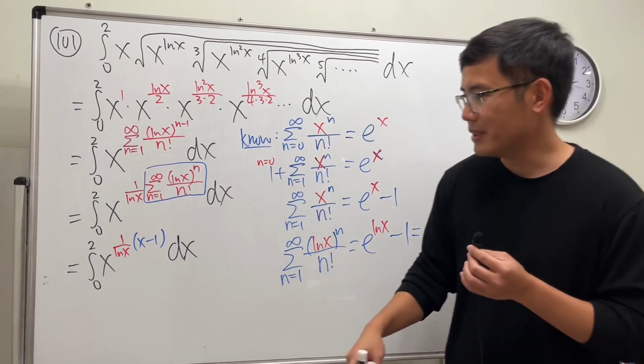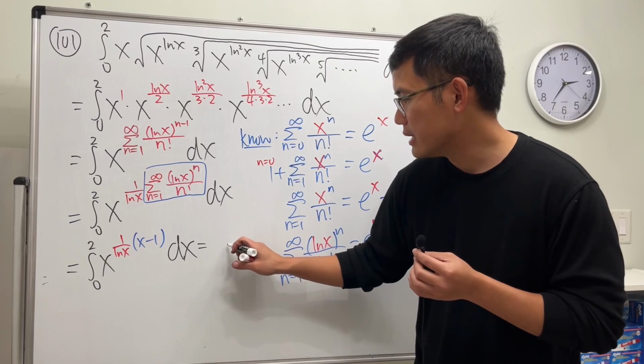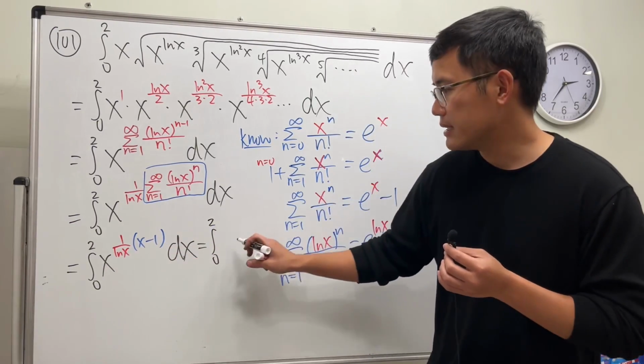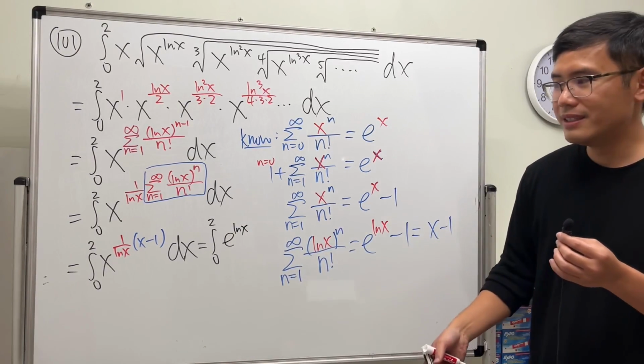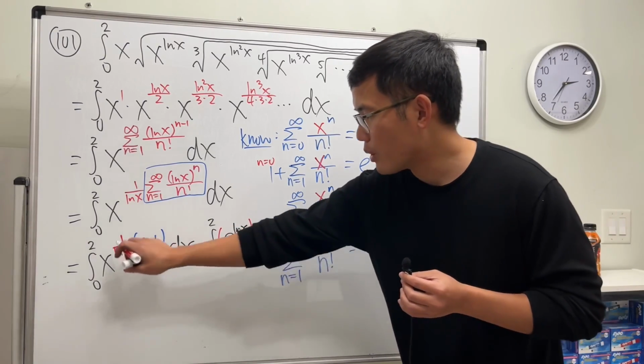It does, trust me. For the x, we can write this as the integral going from 0 to 2. Look at the x as e to the ln x power. Very cool, huh? And then we take this raised to the power of that.